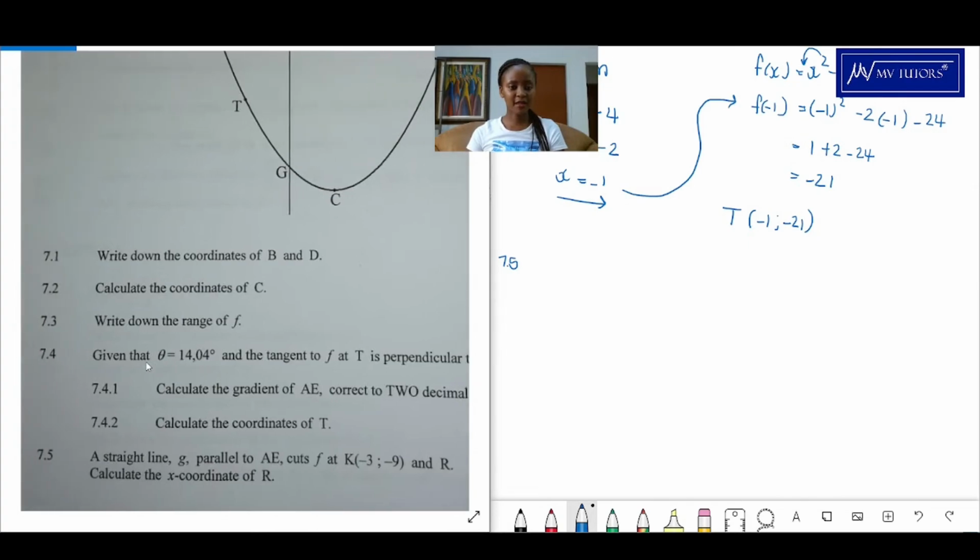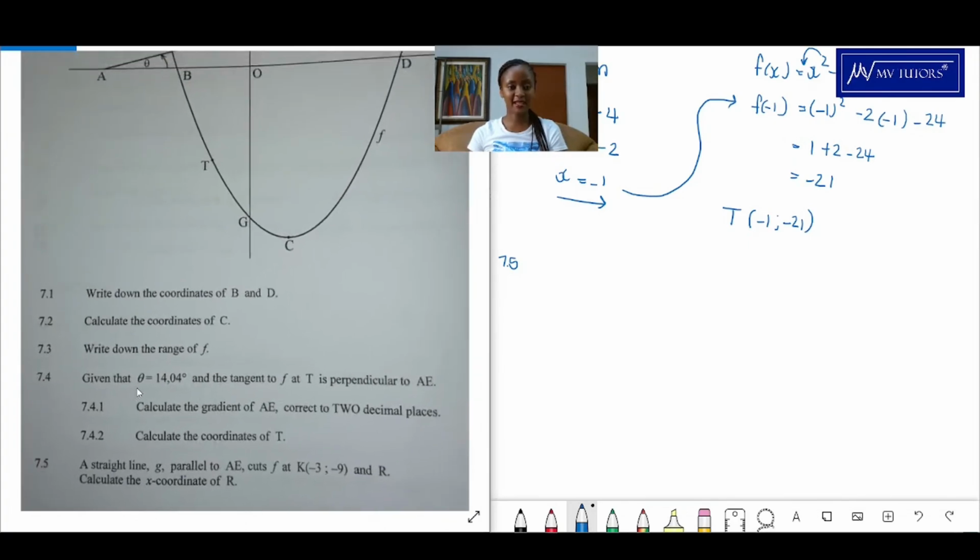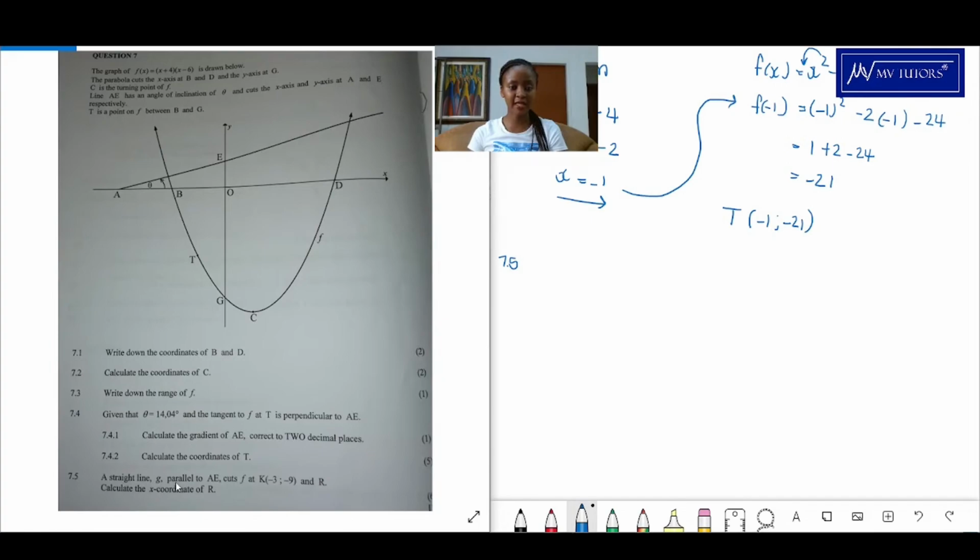So now 7.5, a straight line G parallel to AE cuts F at K and R. Okay, let's see what is happening. So K is minus 3 and 9. Okay, I'm going to have to sketch again.